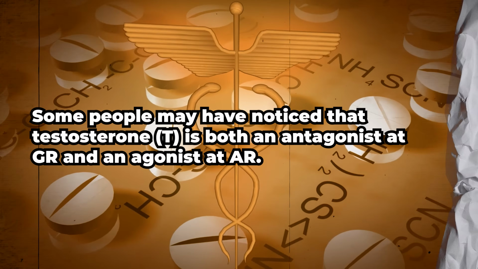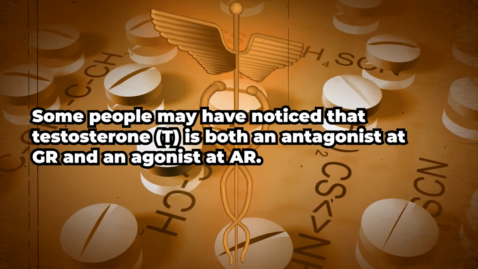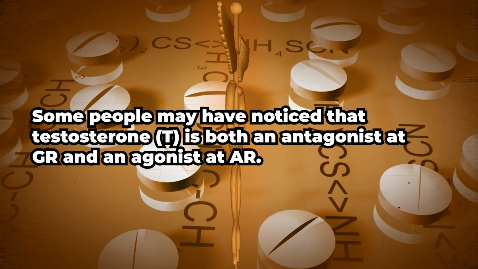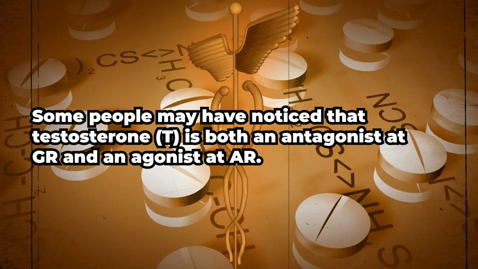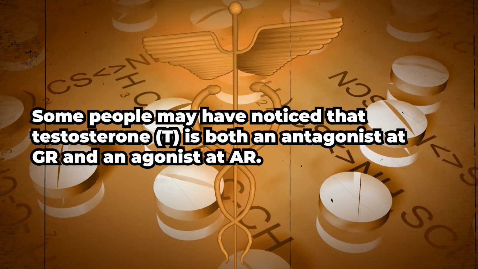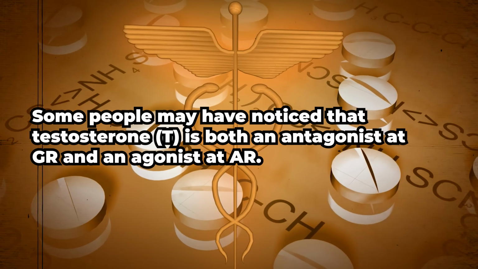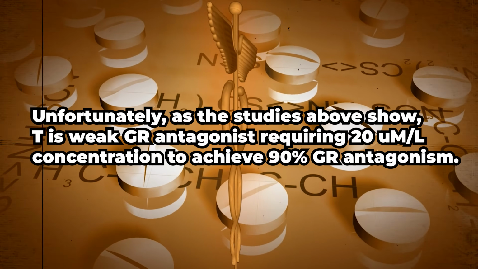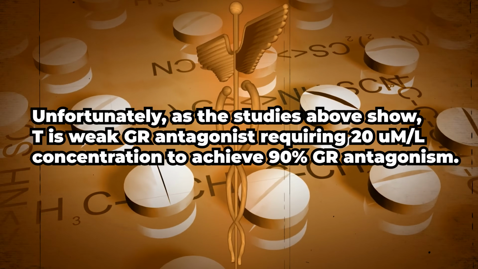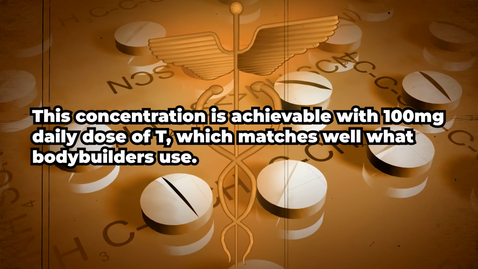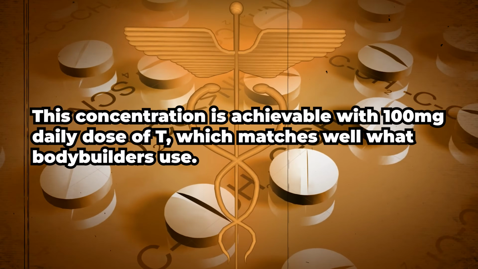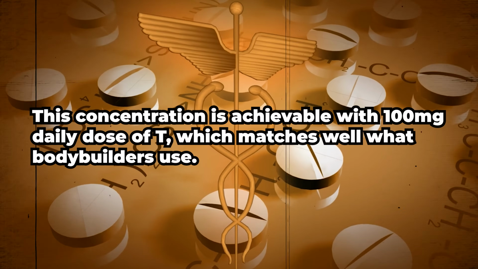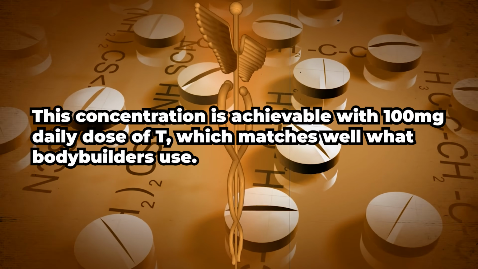So what is the solution? Well, theoretically, some people may have noticed that testosterone is both an antagonist at the glucocorticoid receptor and an agonist at the androgen receptor. Unfortunately, as the studies show, testosterone is a weak glucocorticoid receptor antagonist, and this concentration is only achievable to actually block that glucocorticoid receptor at a 100 milligram daily dosage.